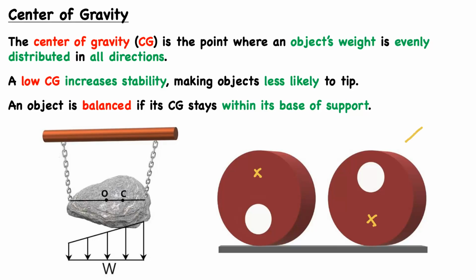Well, it's this right object, because it has a lower center of gravity. And again, a lower center of gravity increases stability, making objects less likely to tip. So that means this left object is likely to continue rolling until that center of gravity is at the lowest point, which is what we see here in this rightmost image.